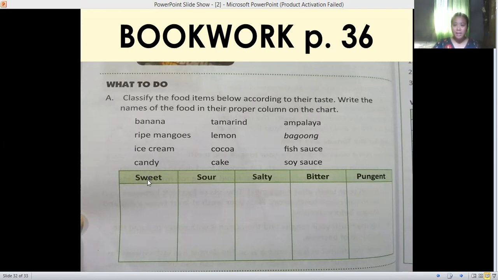You write the word here, just write the word. Candy, we are now in candy. Is it sweet, sour, salty, bitter, or pungent? Go.